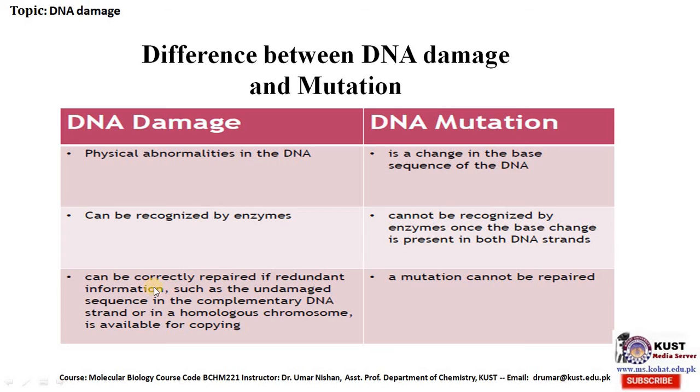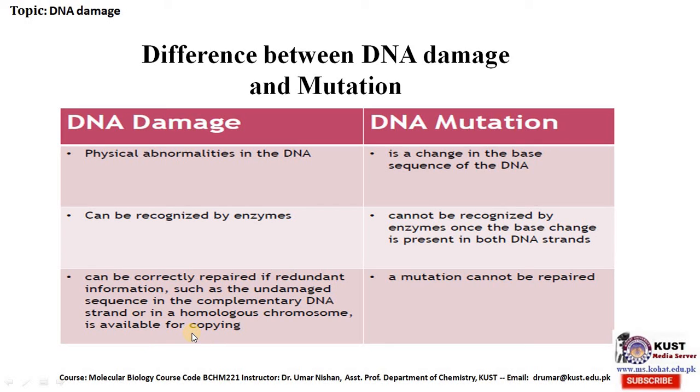DNA damage can be correctly repaired if redundant information, such as an undamaged sequence in the complementary DNA strand or in a homologous chromosome, is available for copying.